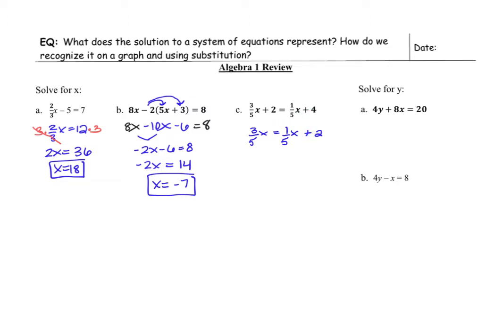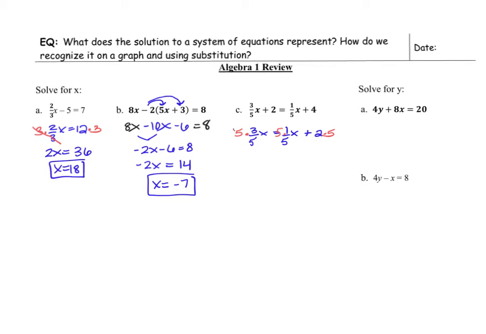Now, in this problem, we had a fraction also, and we multiplied by a certain number to get rid of that fraction. What would we multiply by in letter C to get rid of these fractions? You would want to multiply each term by 5. So we're going to multiply every single term by 5, even the constant. So if I'm multiplying these two by 5, then you have to multiply this one by 5 too. So just remember that for the future.